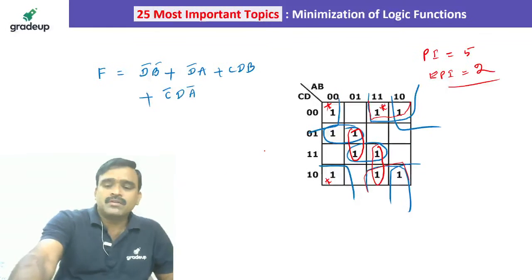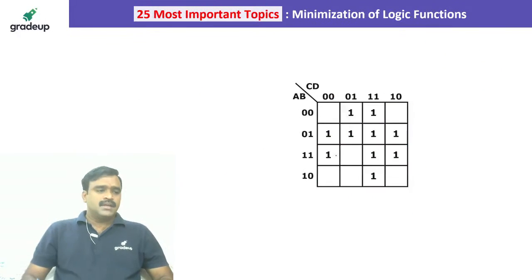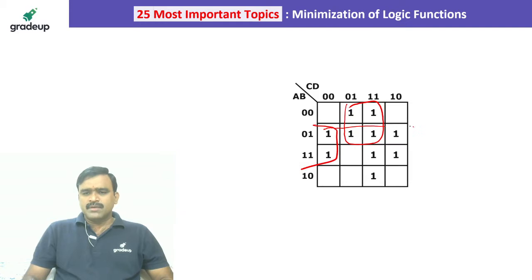Okay, now coming to the next, let us make it fast. Here we can combine these 4 ones. As far as the minimization is concerned, these 4 ones if we combine, and these two ones can be taken as adjacent, and this can be taken as adjacent.